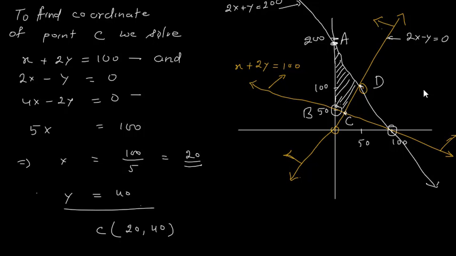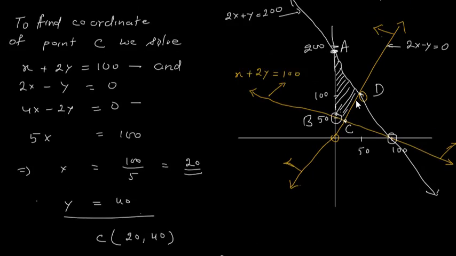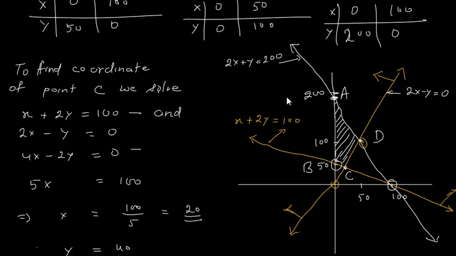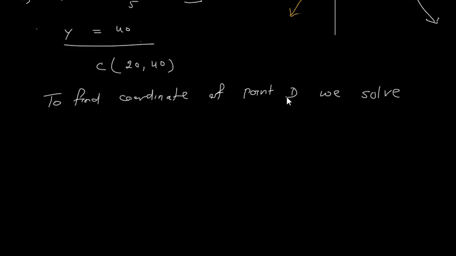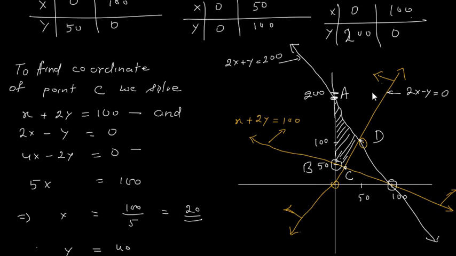Now to find the coordinate of point D, we solve 2x plus y is equal to 200 and 2x minus y is equal to 0.